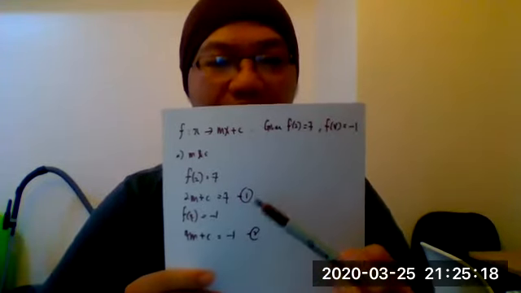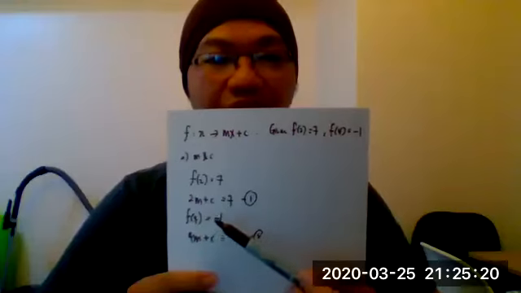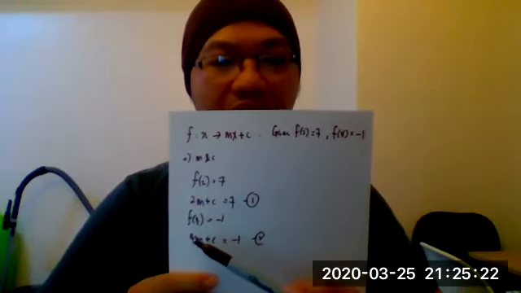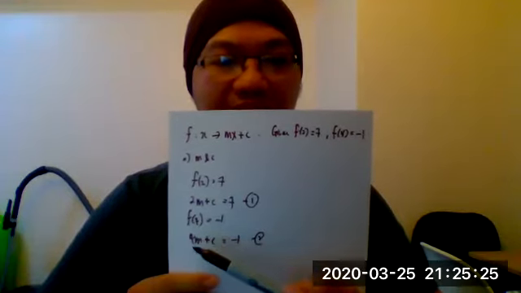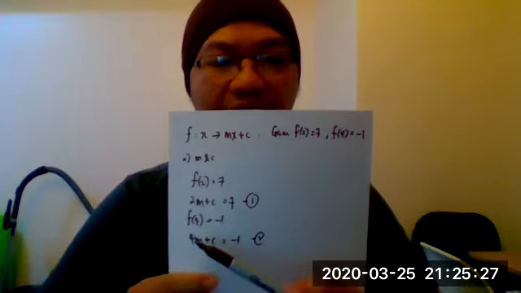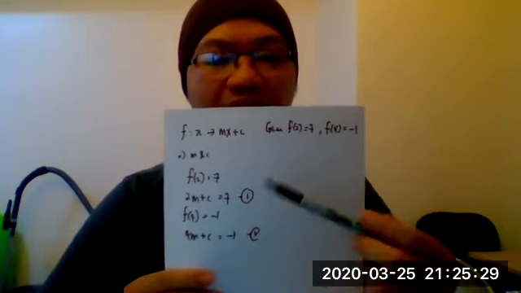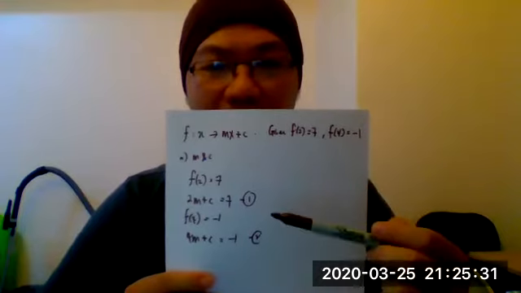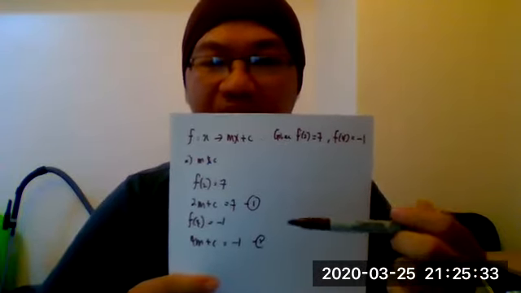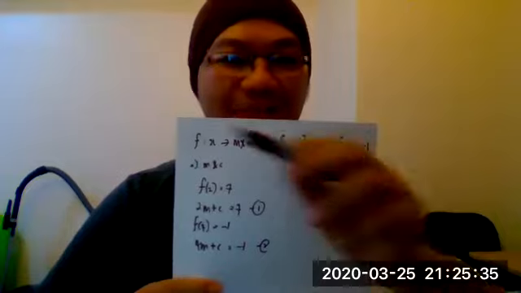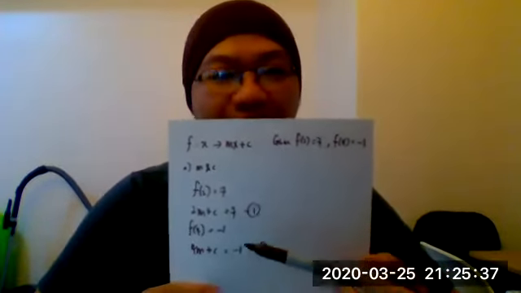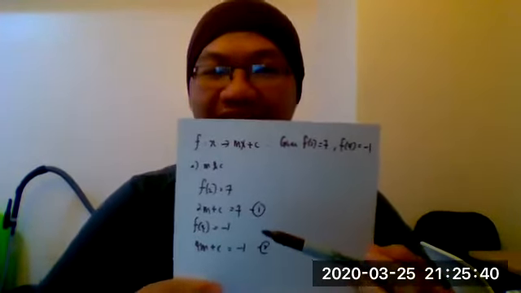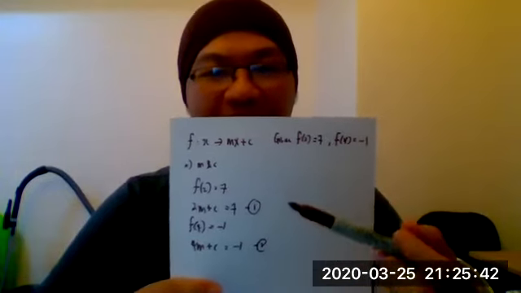Itu adalah first equation. And then the second is f(4) equals to negative 1. So 4 you need to substitute into this x here, and then it becomes 4m plus c equals to negative 1. So any problem 1 and 2? Okay, you guys boleh respon dekat chat, tak payah sebut ramai-ramai, so I boleh faham. Kalau faham, okay lah, just say okay, boleh teruskan dan sebagainya.